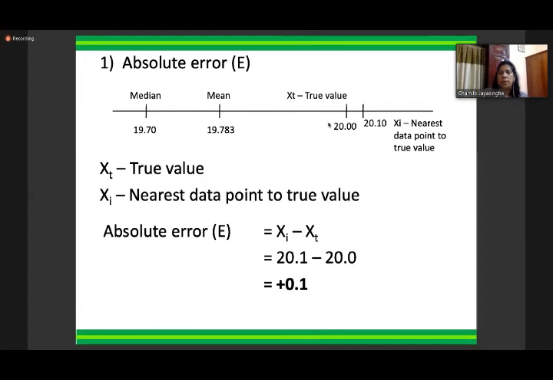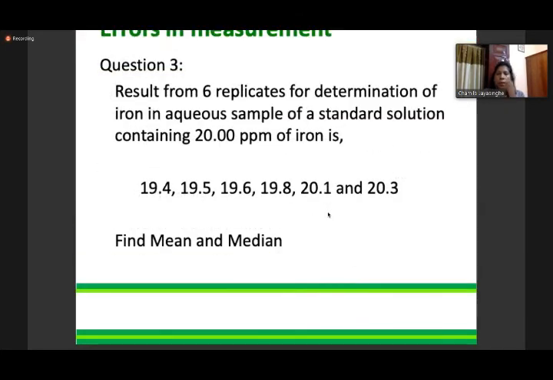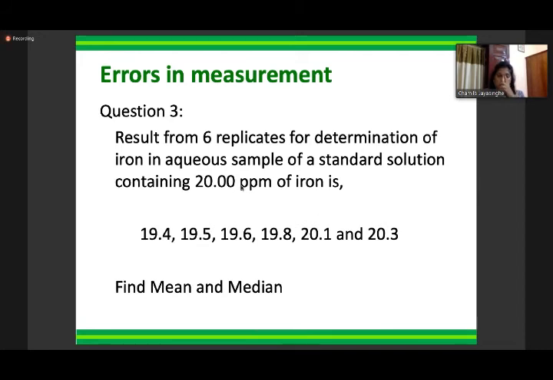So let's say now there is a 19... now the true value is 20 and you think that there is no 20.1. There was no value like 20.1 here. The true value is 20, and then we have 19.4, 19.5, 19.6, 19.8 and 20.3.